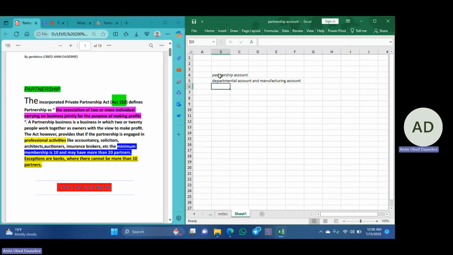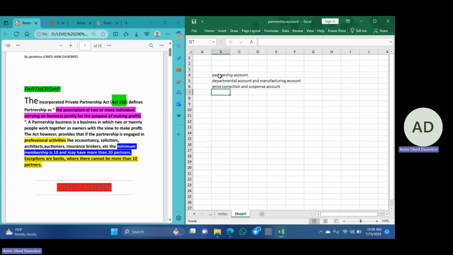Once we are done with these two, we will also move on to error correction, and then the suspense accounts.